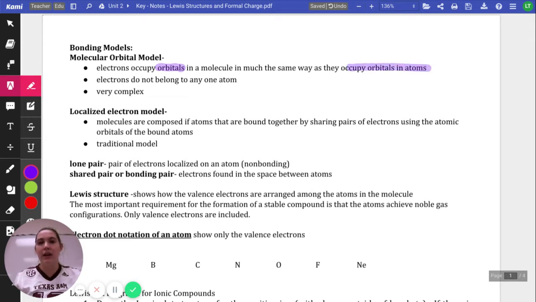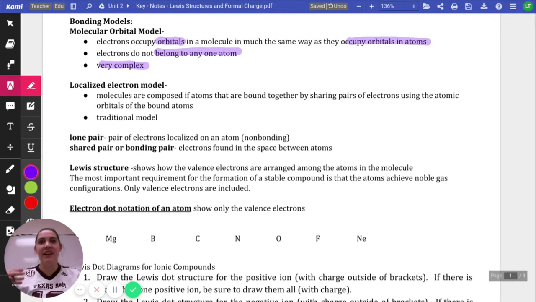Electrons do not belong to any one atom. Once they're in that bond, it's no longer like, well, that was carbon's electron, that was oxygen's electron, but instead they just go where they please between the two elements. This is a very complex model.